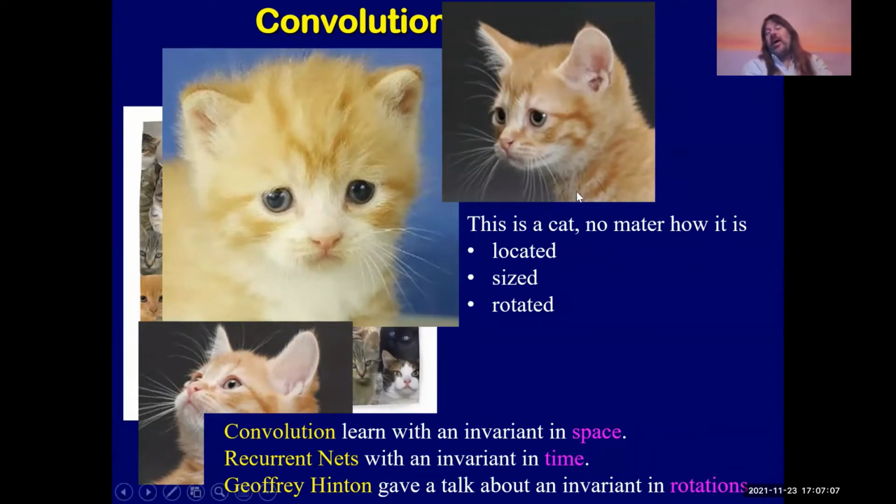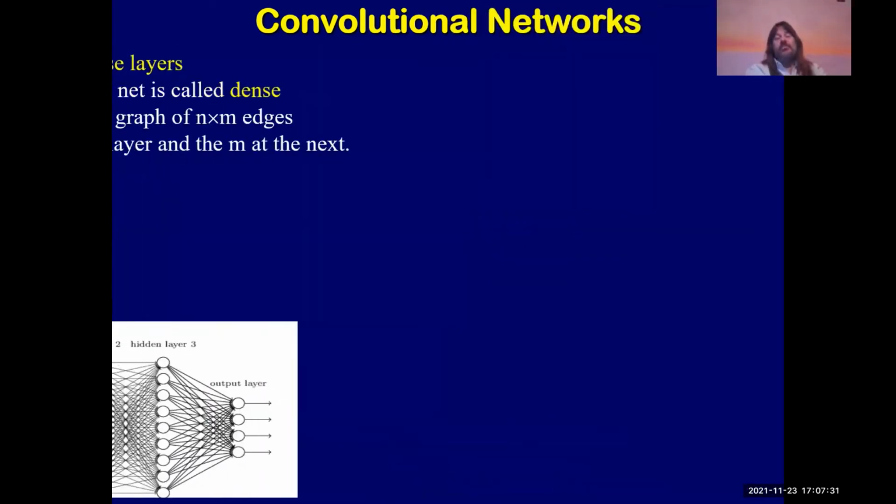The way it is now, if you see this image of a cat and this image of a cat, you have to learn them completely separately because it doesn't have a way of rotating the image. But we're not going to talk about that today because it's not done in practice and I don't know it that well. We're going to talk about moving, or translations, in space.